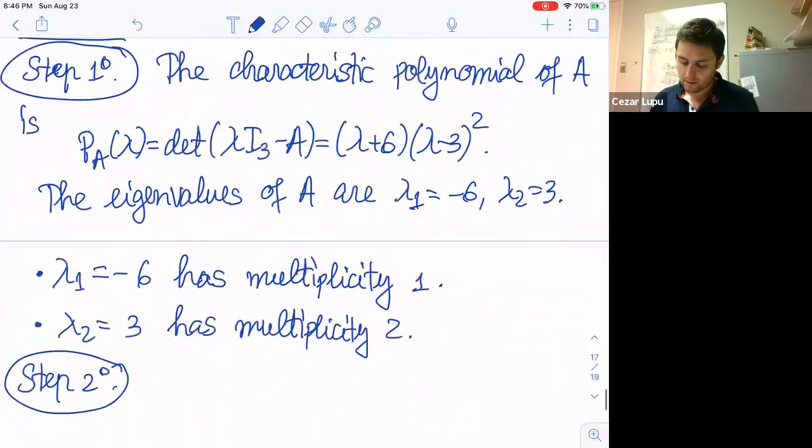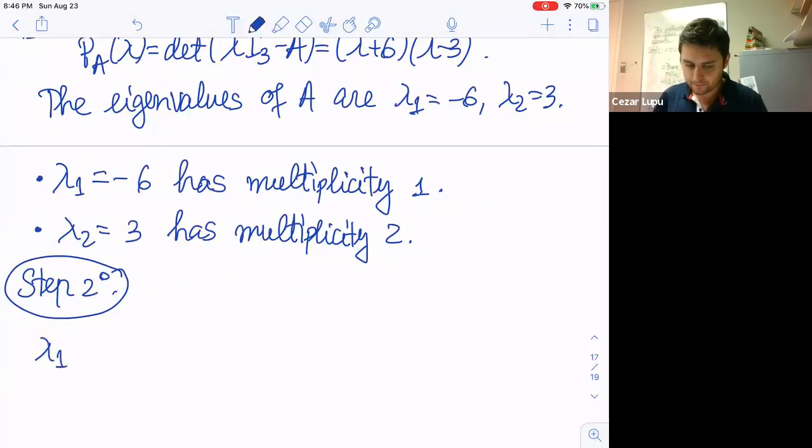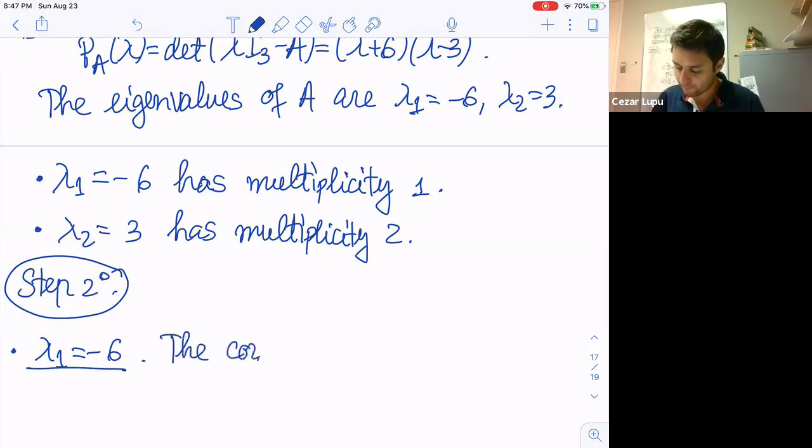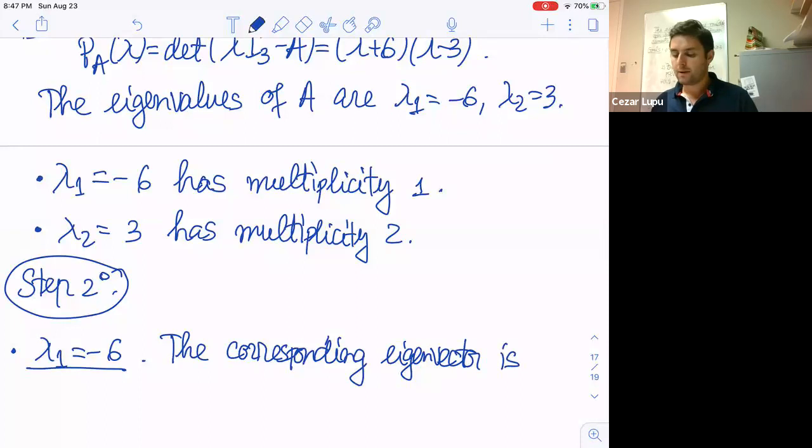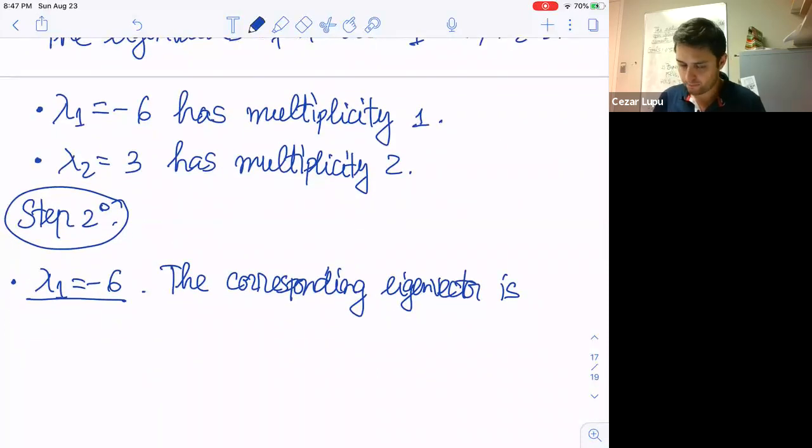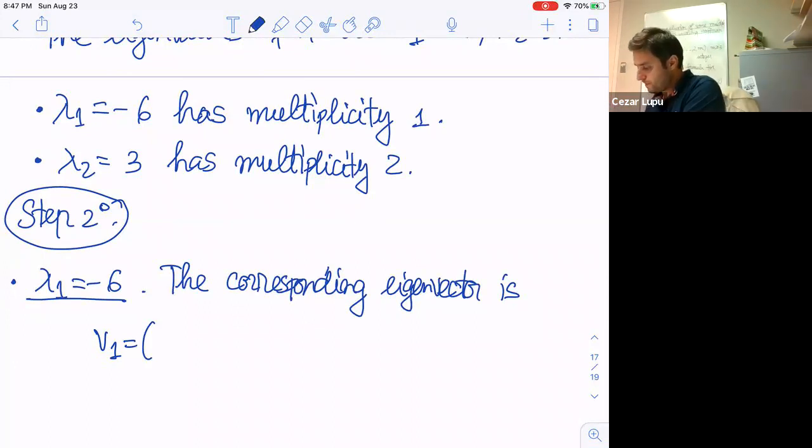So for lambda 1 equals -6, I'm just going to leave the corresponding eigenvector, let's call it V1, which will be 1, -2, and 2.